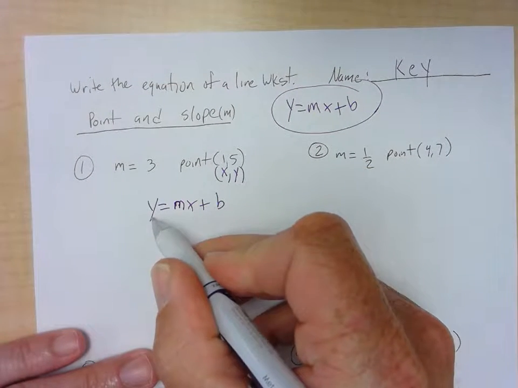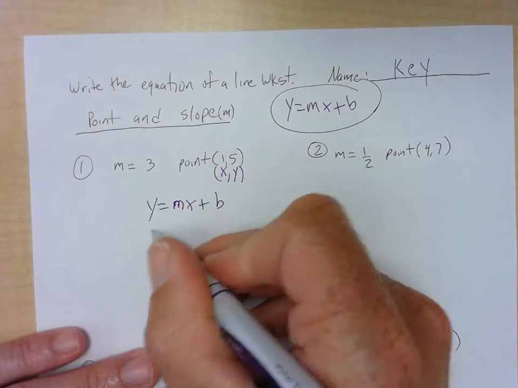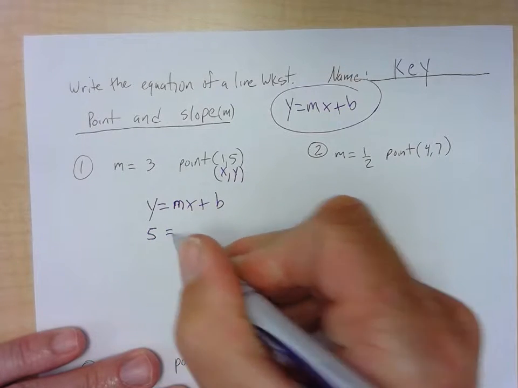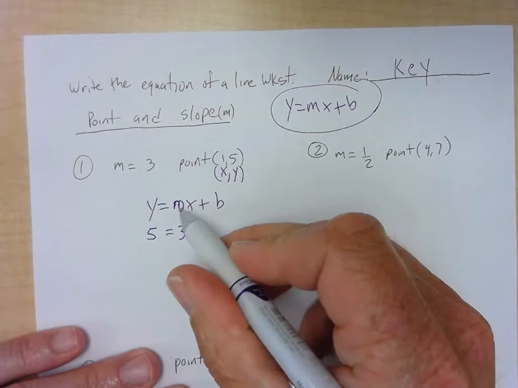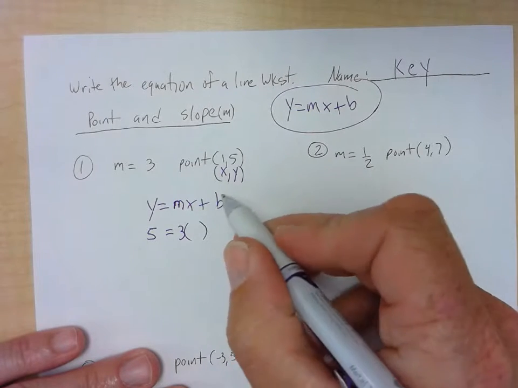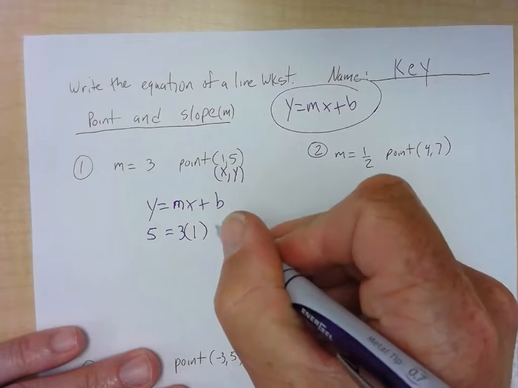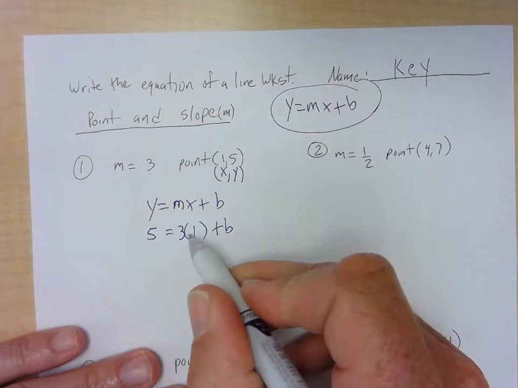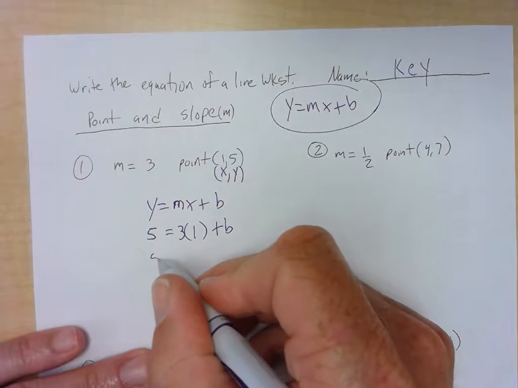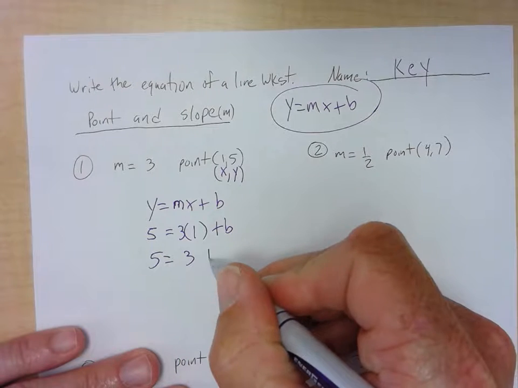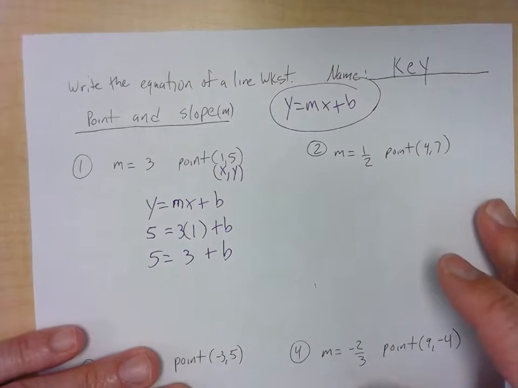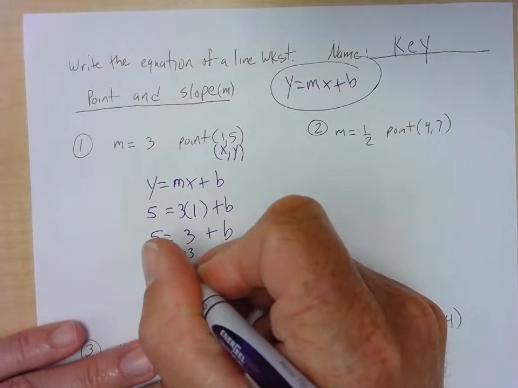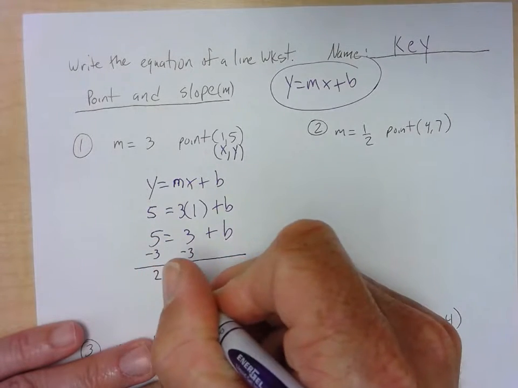Y is 5, and m is 3, so it's m times x. X is 1, and b is b. We multiply these together first, and we get 3 plus b. We have to solve for b. Minus 3 minus 3. 2 is equal to b.